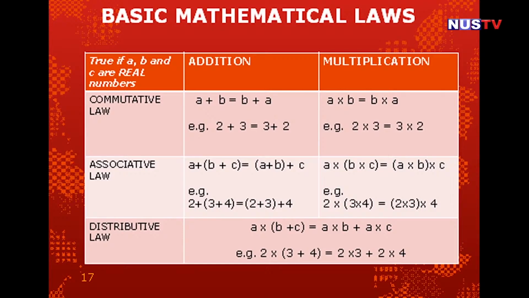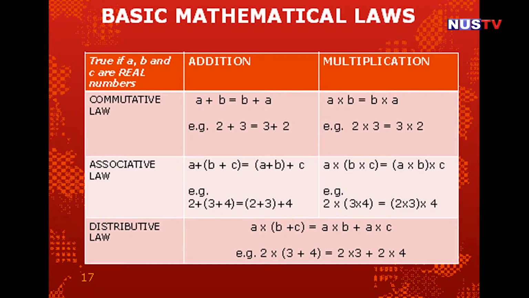The associative law states that for addition, A plus bracket B plus C bracket is the same as bracket A plus B bracket plus C. For example, 2 plus bracket 3 plus 4 bracket is the same as bracket 2 plus 3 bracket plus 4 because both sides add up to 9, right?